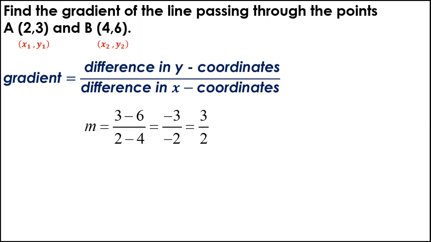Here we have 3 minus 6, which are the y components, all divided by 2 minus 4, which would be the x components, which gives negative 3 divided by negative 2, which can be written as 3 halves.